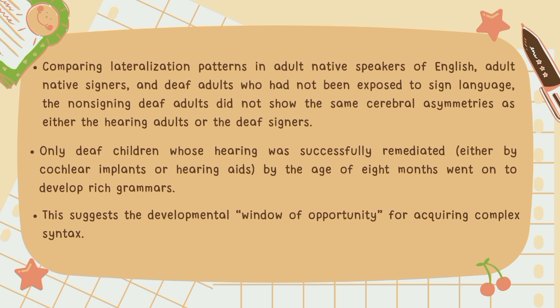When comparing the brain lateralization patterns, meaning how language functions are distributed across the brain hemispheres, of different groups: adult native speakers of English, adult native signers, deaf individuals fluent in sign language, and deaf adults who had not been exposed to sign language, research found that the non-signing deaf adults did not display the same cerebral asymmetries.